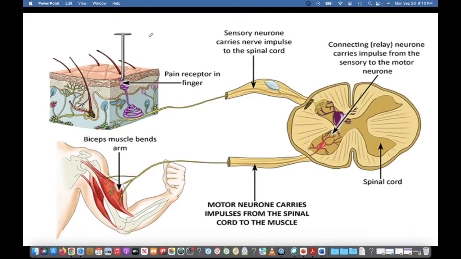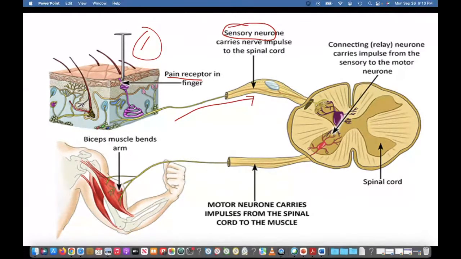And you'll see that right here in starting position number 1, there's a pin or a nail hitting the skin. Ouch, right? There's a pain receptor. Now, this receptor is not feeling any pain. It's picking up the stimulus. That receptor is going to send information into a sensory neuron.